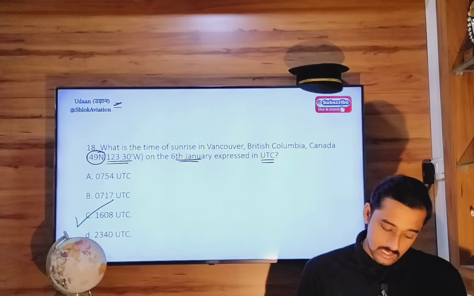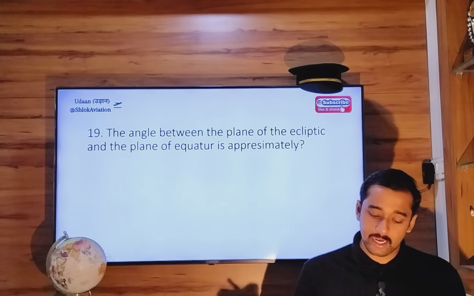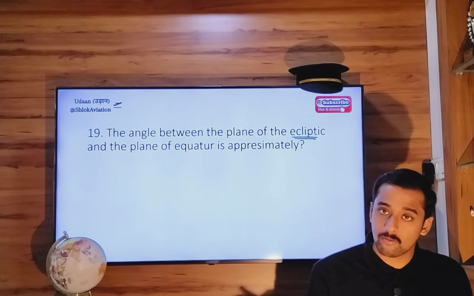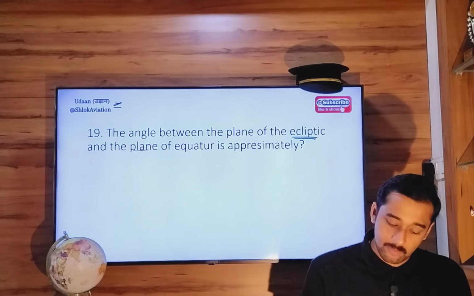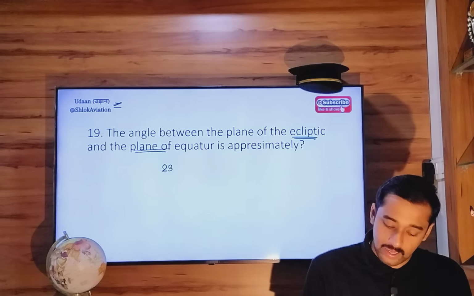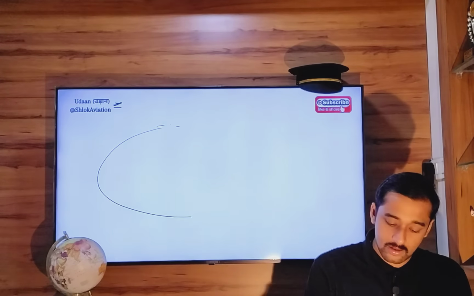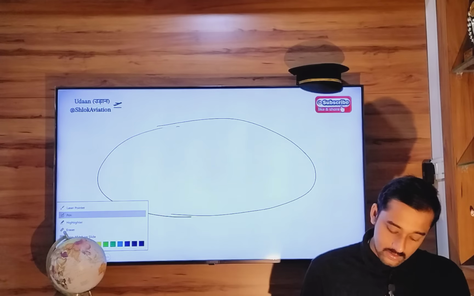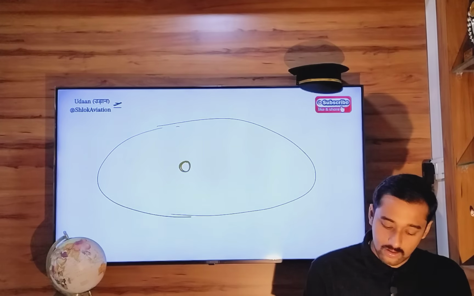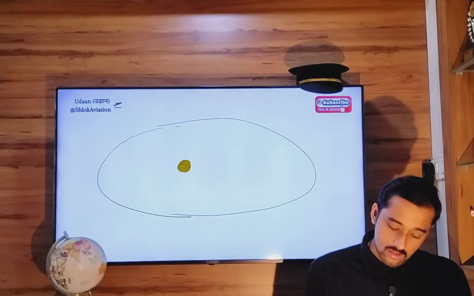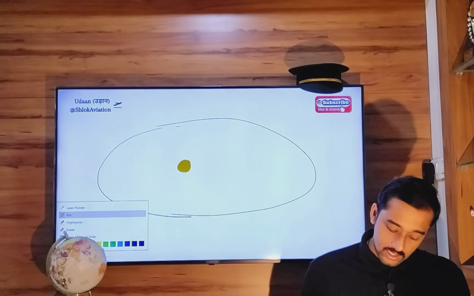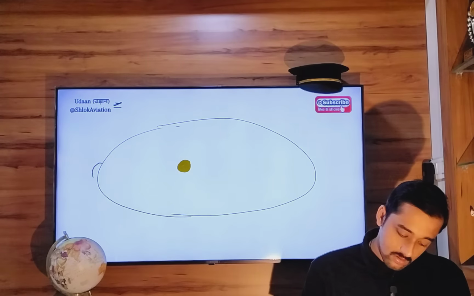Next, question number 19. Angle between the plane of ecliptic, the plane of the Earth's orbit, and the plane of equator is 23.5 degrees. Okay, so let's say this is the elliptical orbit of the Earth around the Sun. This is the Earth.